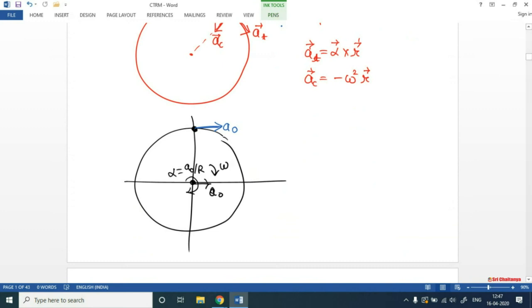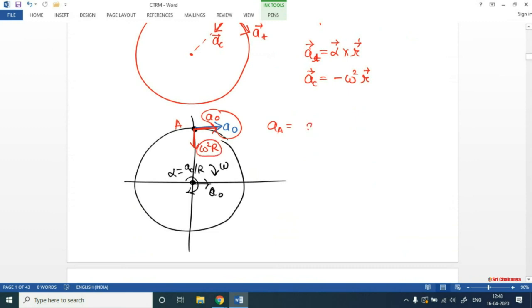And due to rotation, its acceleration will have a tangential component, and that would be R alpha. So this will turn out to be A naught as well, and this component is going to be omega square R. So effectively, let's say this point is A, the acceleration of point A will be nothing but the resultant of this and this.